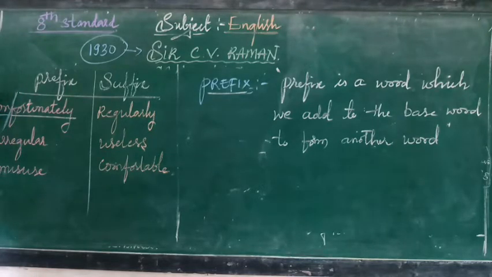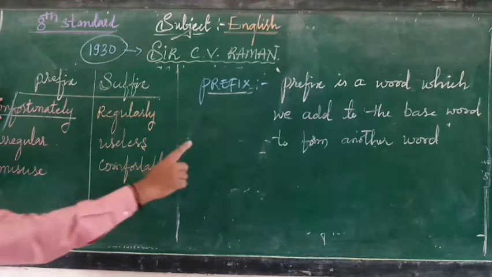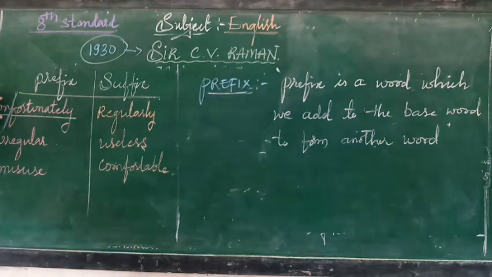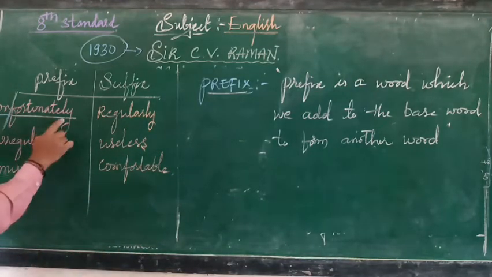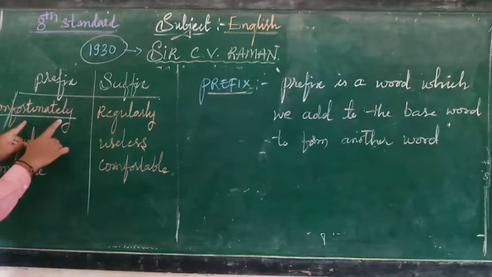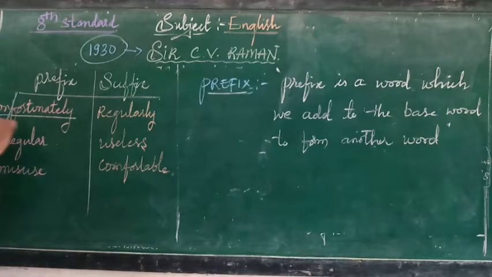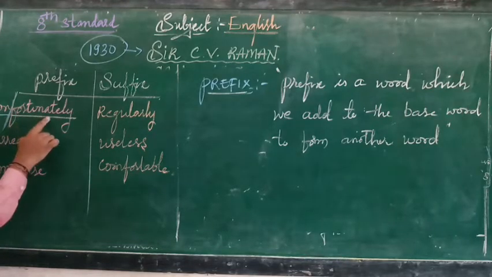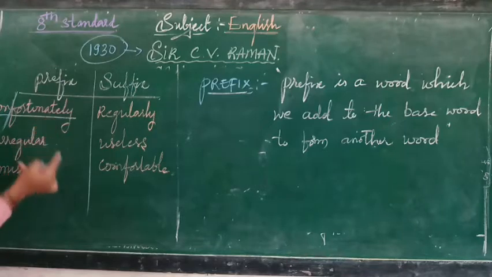Un is the prefix which we have added to the base word to form another word. After adding the prefix to the base word fortunately, it has changed into unfortunately. Got it? Just like that.